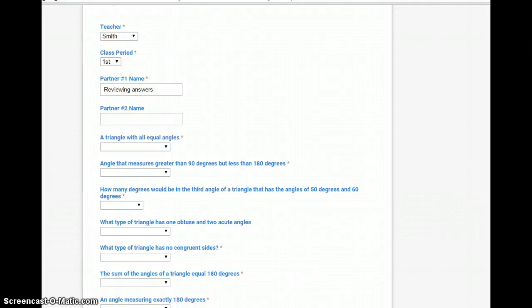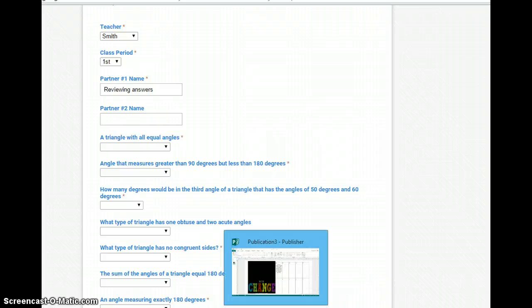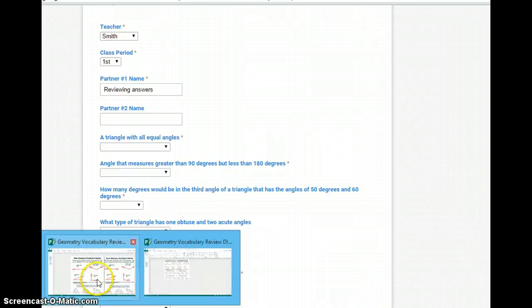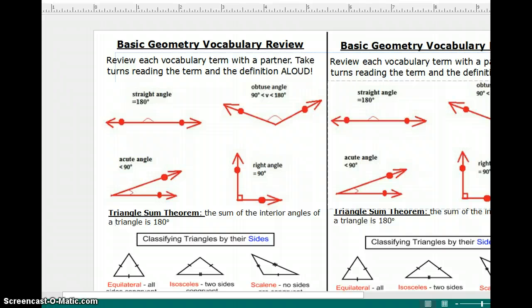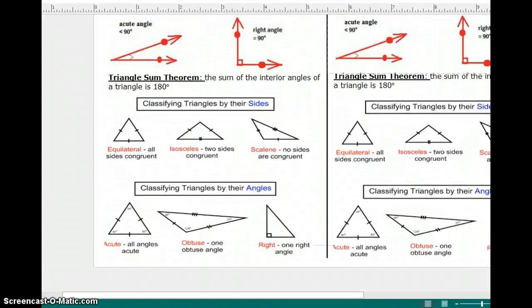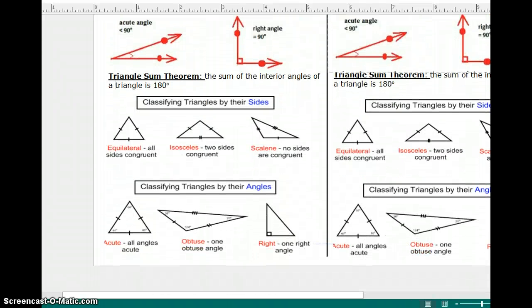Okay, so let's go over these problems that y'all didn't do so hot on. The first question says a triangle with all equal angles. Well, the answer has to be a triangle. So one thing you're going to want to do is go back and look at your review and see what my options for triangles are. Your options for triangles are equilateral, isosceles, scalene, acute, obtuse, and right.